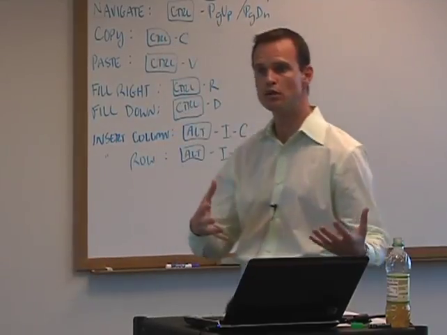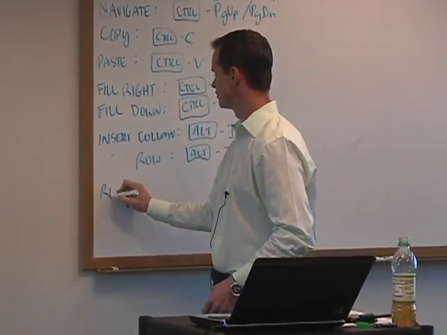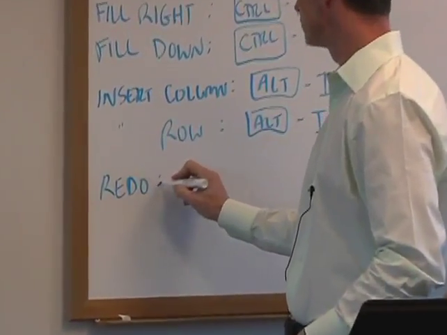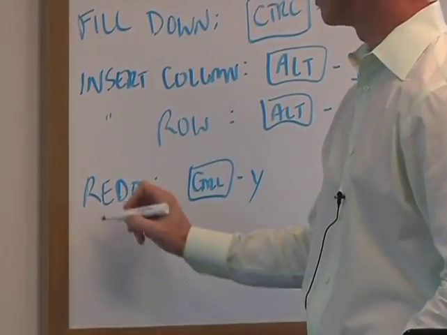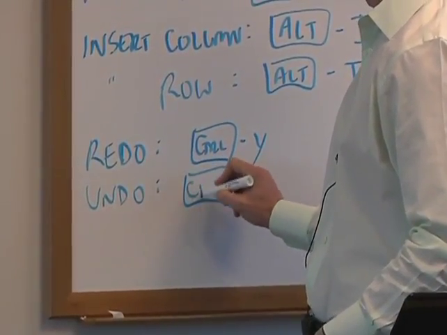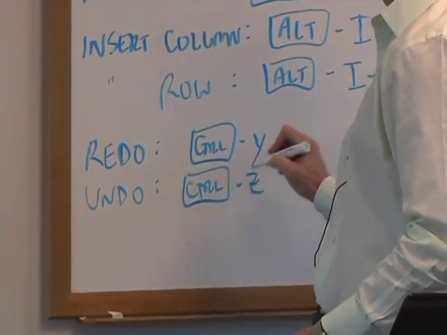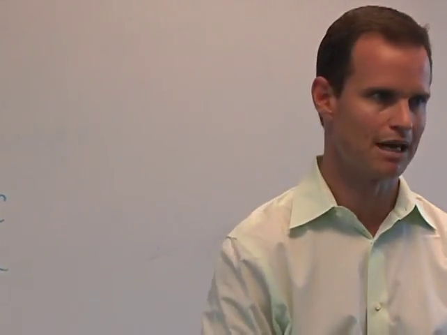Control-Y will redo the last command you did. And if ever you need to undo something you just did, remember that one is Control-Z. I think both of these work in Word, PowerPoint, Excel, all of the Office programs.